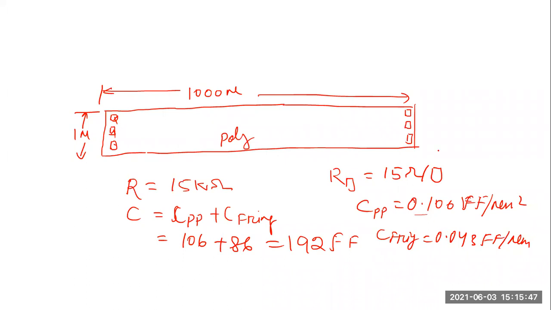Everyone clear or not? That fringe part. So what will be the unit of capacitance? Femtofarad, 10 to the minus 15. Femtofarad per micrometer, or only femtofarad? Only femtofarad.